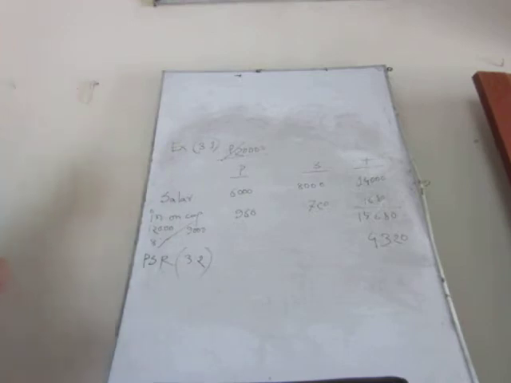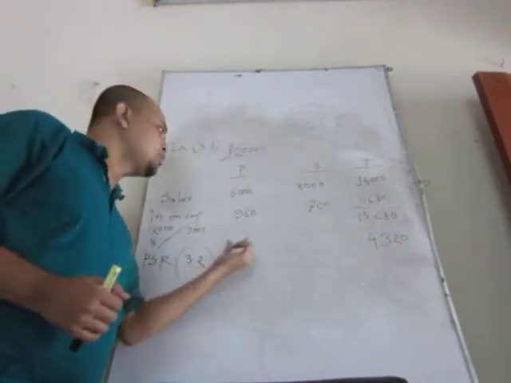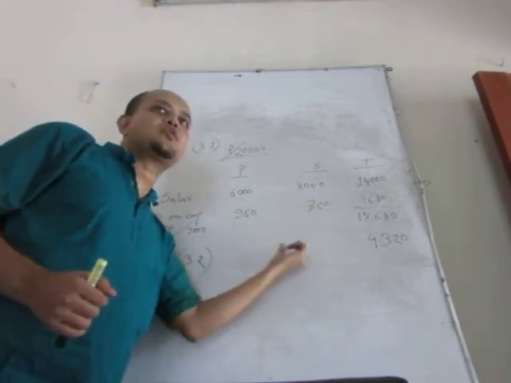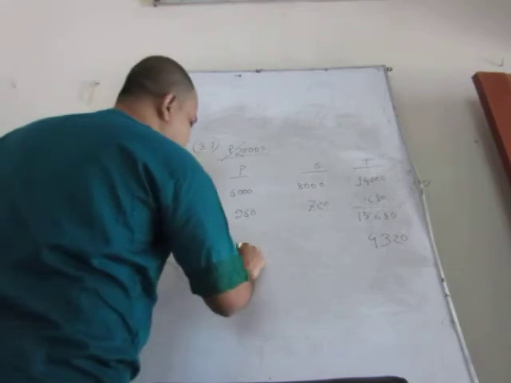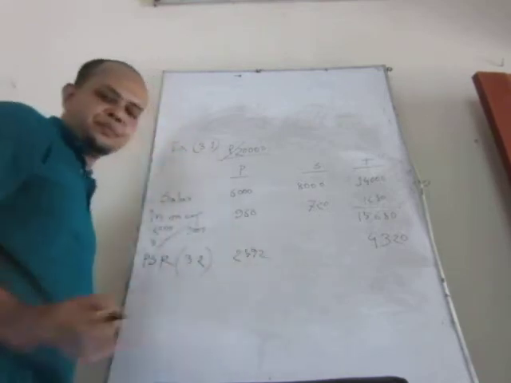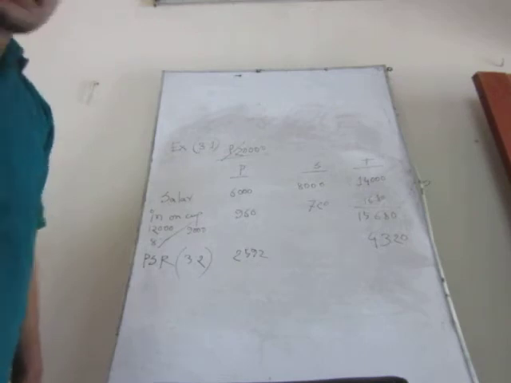So now the remaining profit will be distributed in a 3:2 ratio between these two partners, and the amounts will be 2,592 and 1,728.